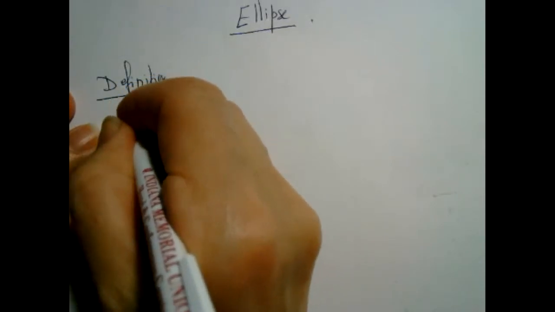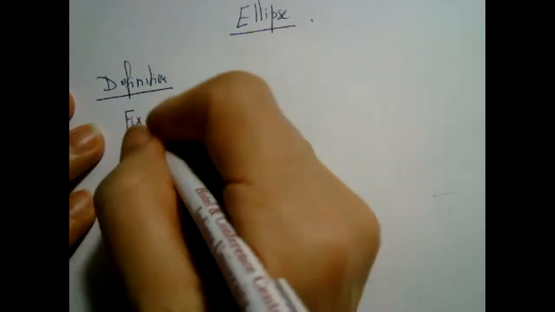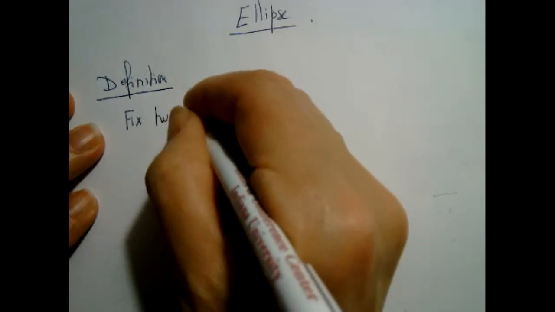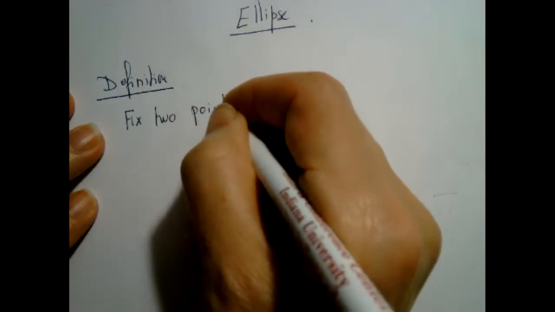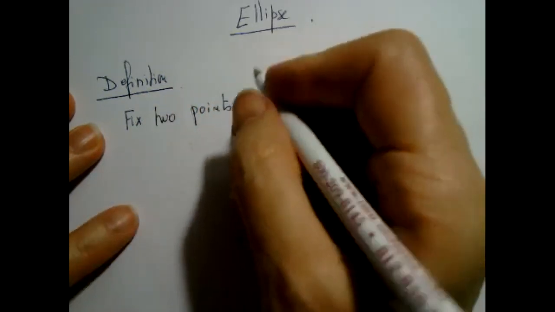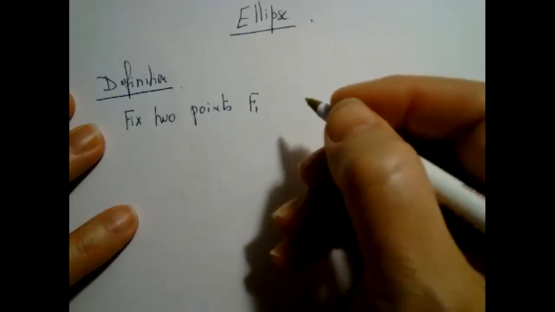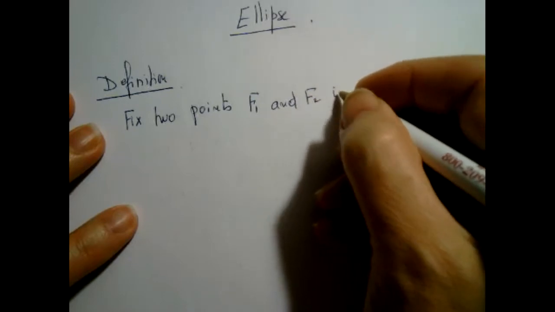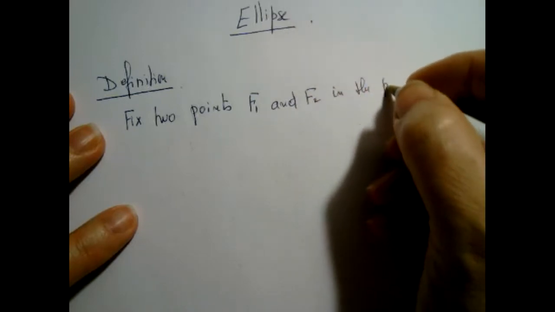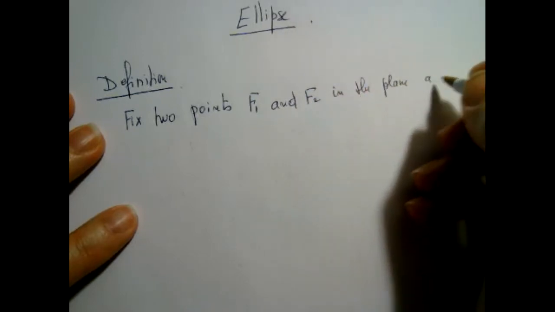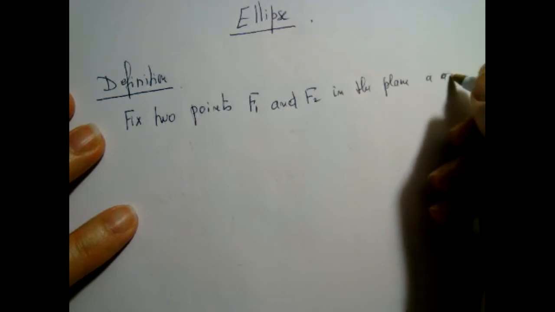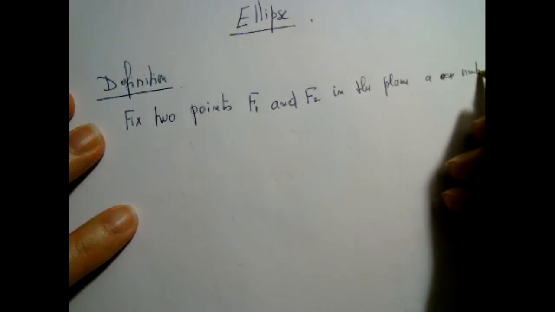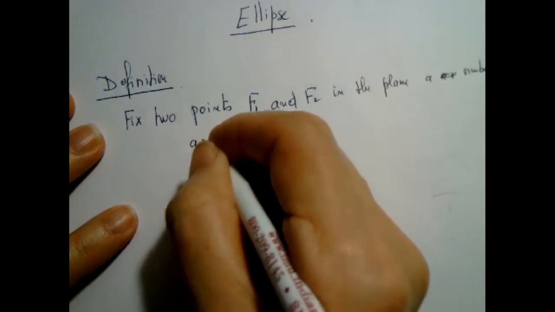In the circle, we fixed one point, the center. Now we're going to fix two points, F1 and F2, in the plane, and a number A, which is positive. So we fix two points, F1 and F2, and a positive number A. Just a number, A positive.